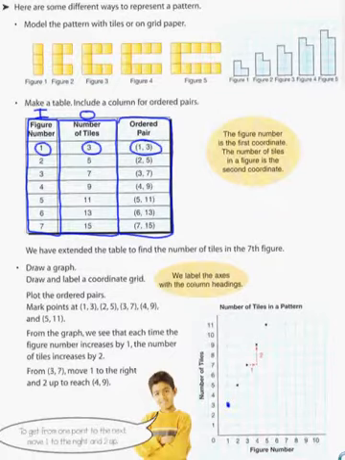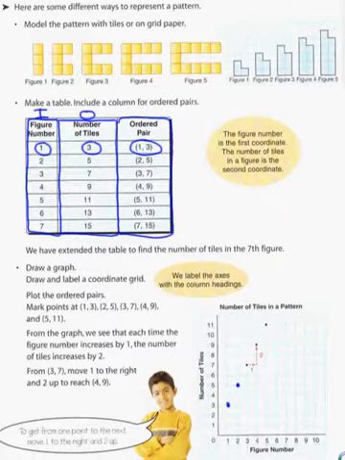You put the dot right where the 2 grid lines meet. Okay? So if we look at figure 2, you get the ordered pair of 2, 5. So that's where our second dot goes. 2 horizontal and 5 vertical puts the dot right there.